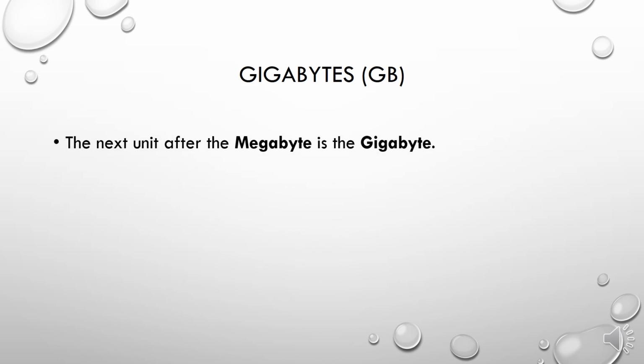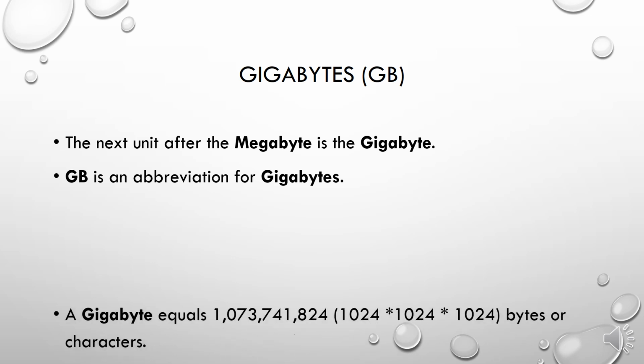The next unit after megabyte is the gigabyte. Giga stands for 1 billion. So gigabyte means 1 billion bytes. GB is an abbreviation for gigabytes.